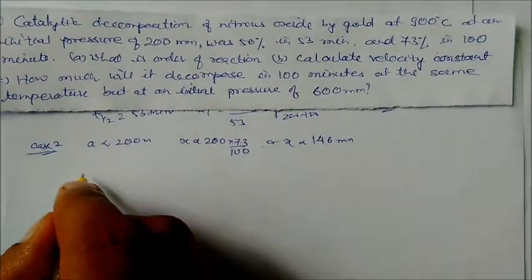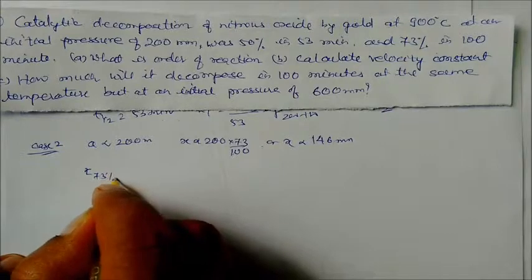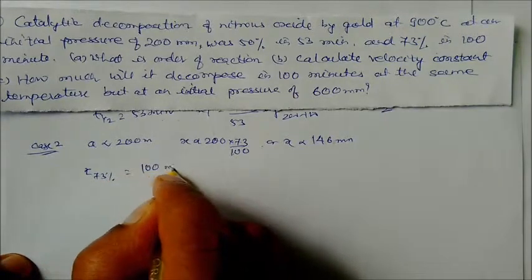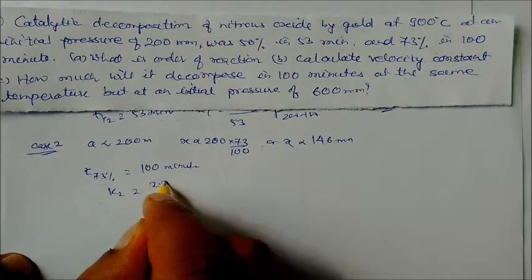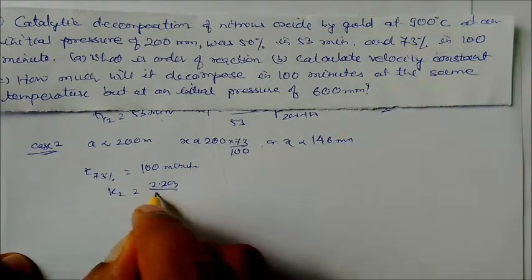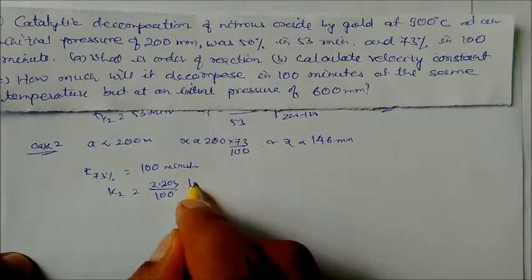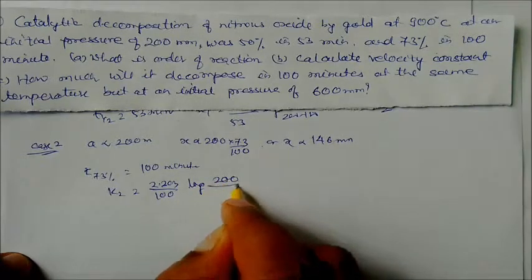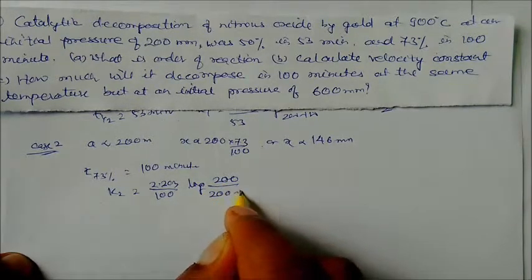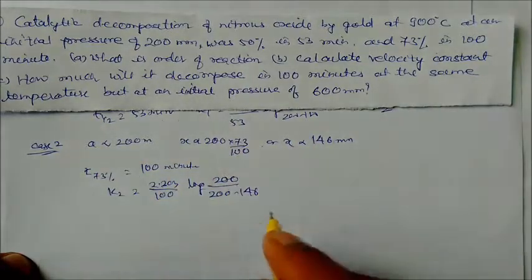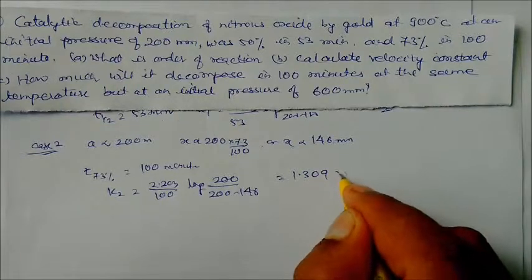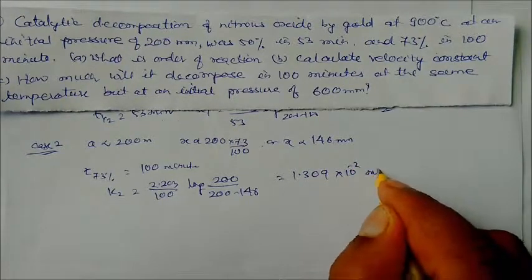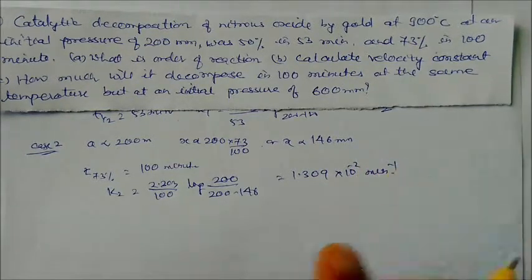So now T for 73% is equal to 100 minutes, it is already given here. So K2 will be 2.303 divided by 100 log of 200 minus 146. So we have to subtract this. On solving you will get 1.309 into 10 to the power minus 2 per minute.